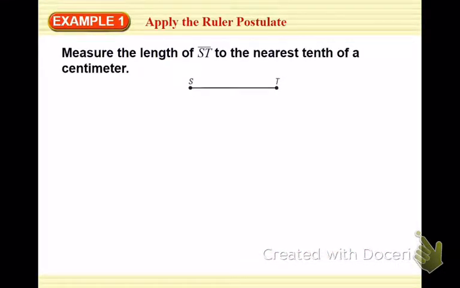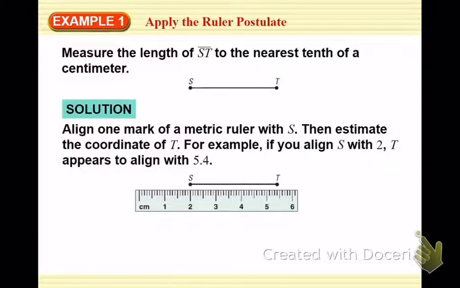All right. The next postulate we're talking about is the ruler postulate. The ruler postulate helps us measure the length of a segment, okay? Yes, we would use a ruler to measure the length of a segment. But more importantly, what happens if you don't start at 0, right? When you use a ruler, you don't have to start at 0.